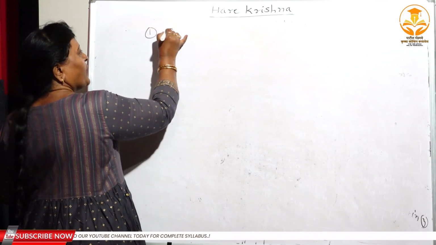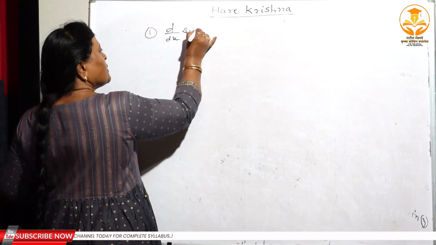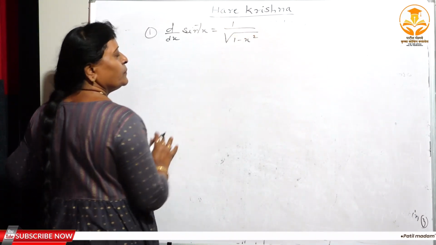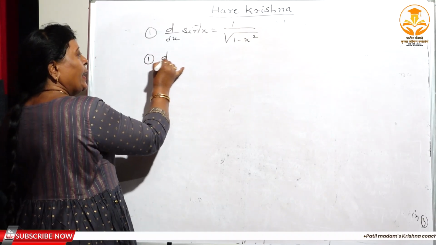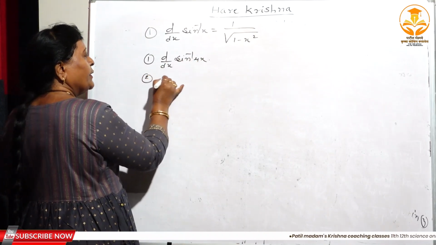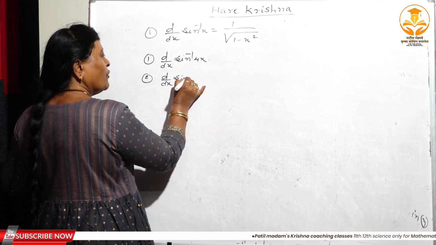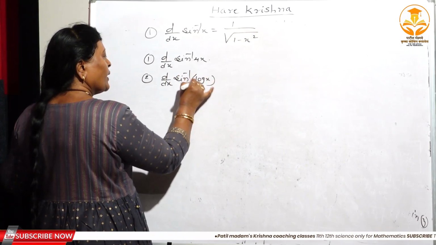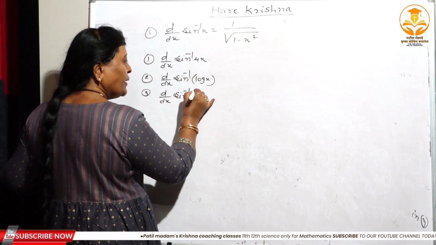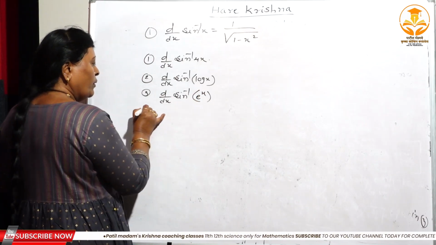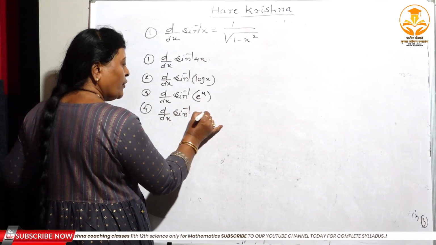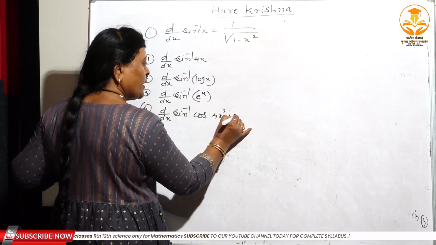Again, the first formula, that is d/dx of sine inverse x is equal to 1 upon root of 1 minus x square. Right? Suppose I take the problem d/dx of sine inverse of 4x. Second one, d/dx of sine inverse of log x. d/dx of sine inverse of e raised to x. d/dx of sine inverse of cos of 4x square plus 3x plus 2.